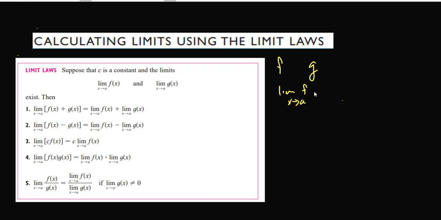So we're going to assume that this exists. Maybe we could call it L or L1. We're also going to assume that this limit exists, same a, but a different function g. I could write x in here, or I don't have to. And let's call this one L2 maybe.